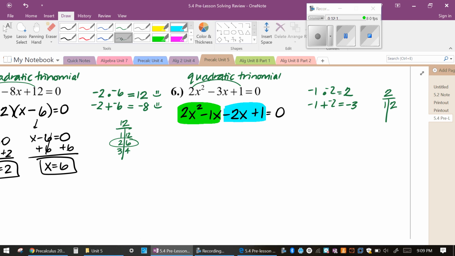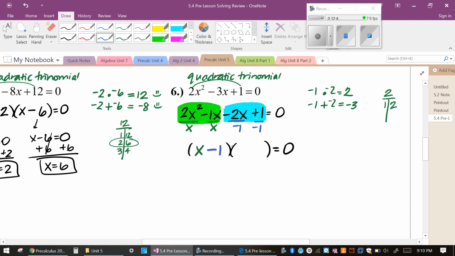I find the GCF of each pair. So the GCF of these two is 1x. The GCF of these two, you can do it individually if you want. Divide these both by x. The GCF of these two is negative 1, or you could divide them individually. And the way I write the solution is the two GCFs go in one binomial.